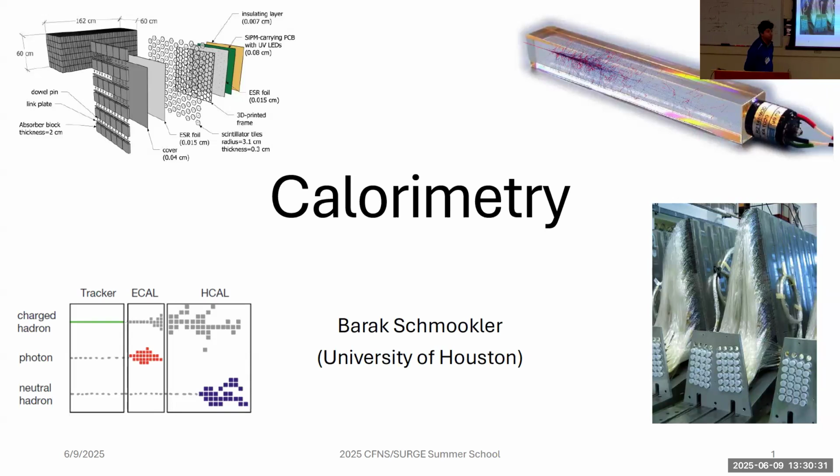So I'll talk about calorimetry in general, and I'll give basically an overview of different types of particle showers that can occur inside calorimeters, why calorimeters are used, and various manifestations of how we build calorimeters.